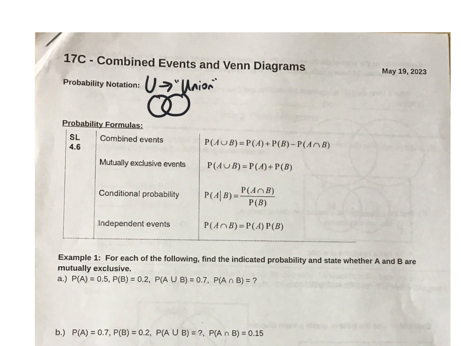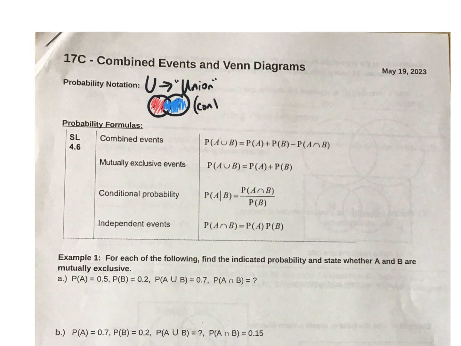Let's say that in this left circle, here's some event A, and in this right circle, here's some event B. When we're talking about the union of events happening, we're talking about outcomes that contain A or B. So that would be contained in either circle or in both of them. Let's write that on the side here.